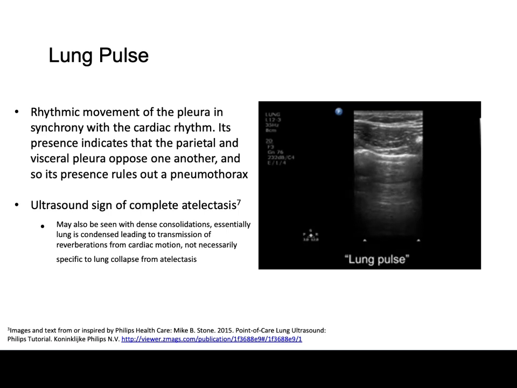Its presence indicates that the parietal and visceral pleura oppose one another, and so its presence rules out a pneumothorax. This is often thought of as an ultrasound sign of complete atelectasis. However, this may also be seen with dense consolidations. Essentially what is happening is the lung is condensed, leading to transmission of reverberations from cardiac motion to the pleura, and it is not necessarily specific to lung collapse from atelectasis.